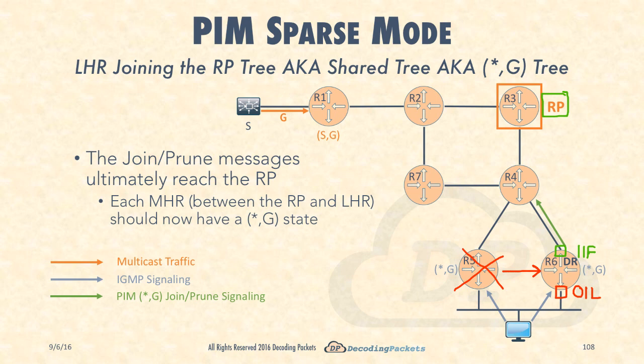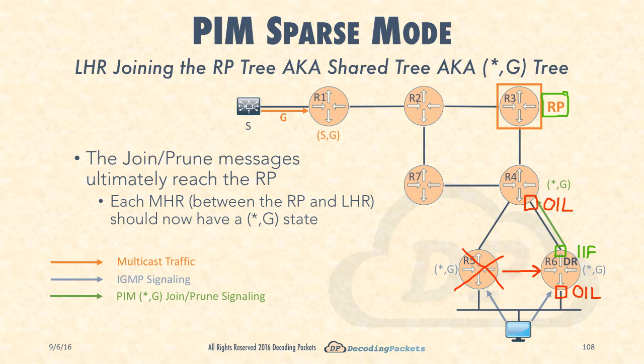R4 will receive this message. Once it receives this message, the next thing it's going to do is create that star, G entry. So it'll update its own multicast routing table with the star, G entry. And in addition to that entry, the receiving interface, which is the R4, R6 interface, will be added to the OIL, or it will be the only interface in the OIL, but ultimately there is an OIL and that interface is in it.